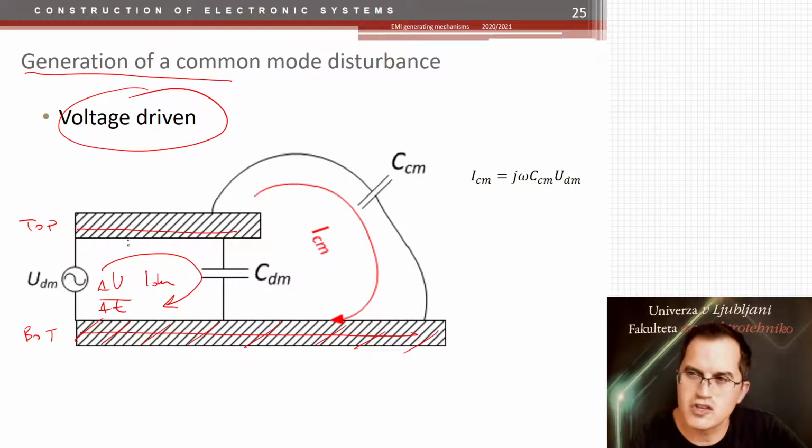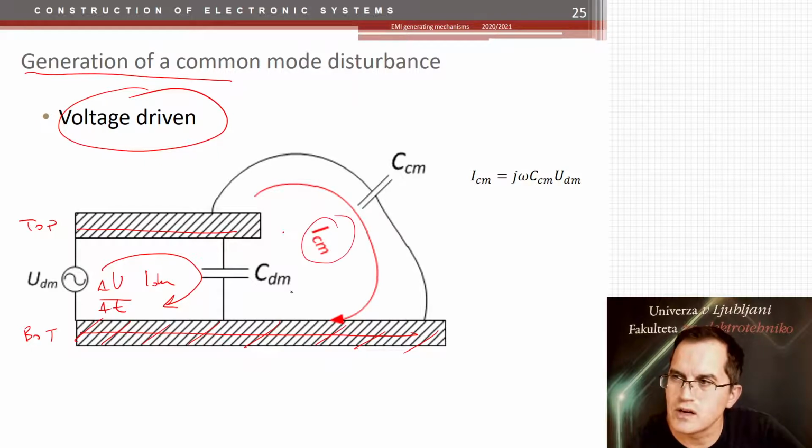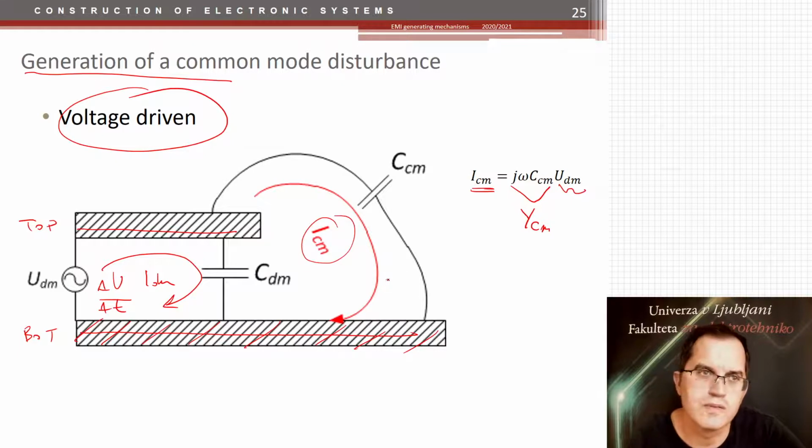The voltage change between these two tracks is also running some current through the air, because the air also represents a certain common mode capacitance. So this common mode current is just simply a consequence of the YCM and the differential mode voltage.